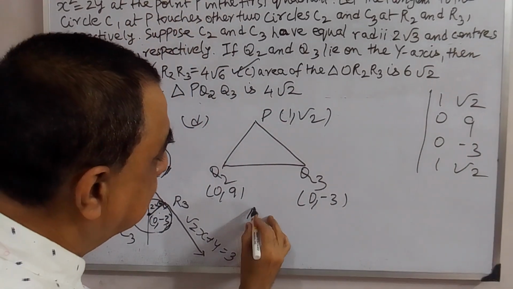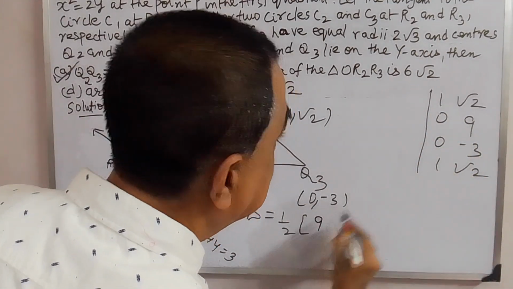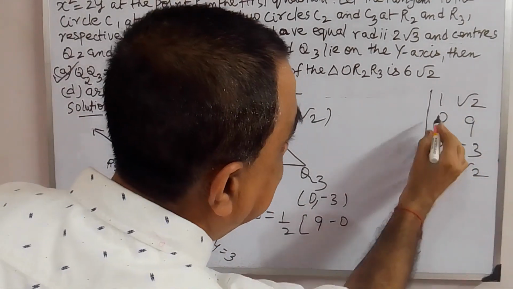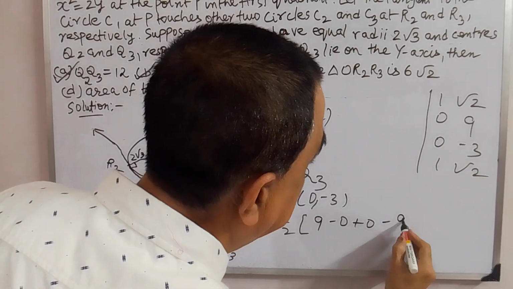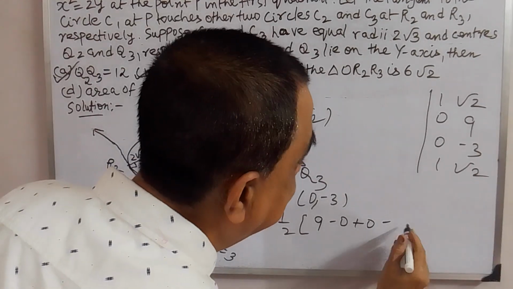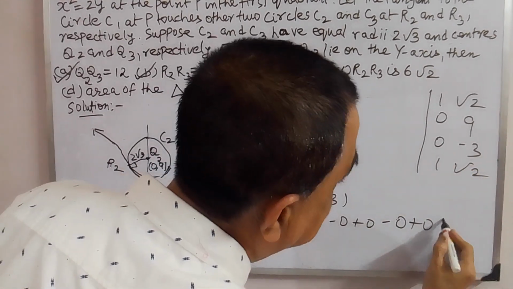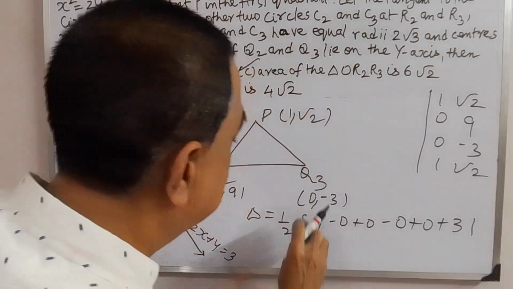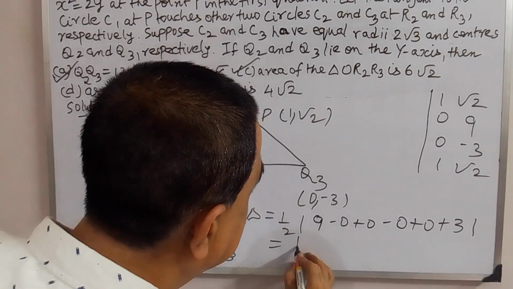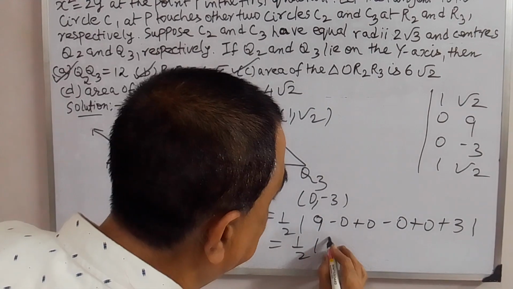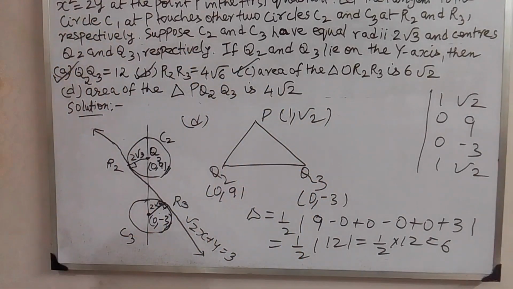So the area of the triangle will be half multiplied by 1 into 9, 9, minus 0. And here 0 into this will be 0, and minus 0 into 9 is 0, 0 into root 2 is 0. And here on the opposite side, minus 3 we are getting, plus 3, you will take the modulus of that. So what we are getting is half into modulus of 9 plus 3, 12. So half into 12 is equal to 6.